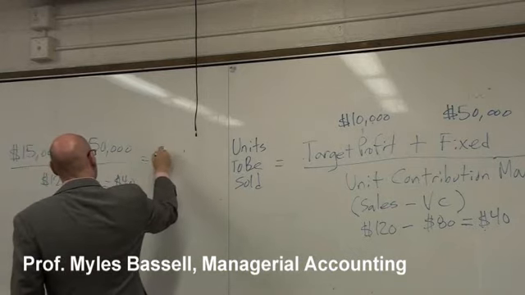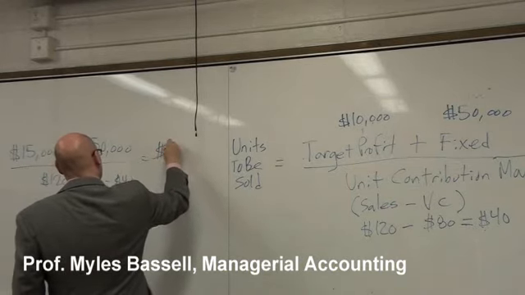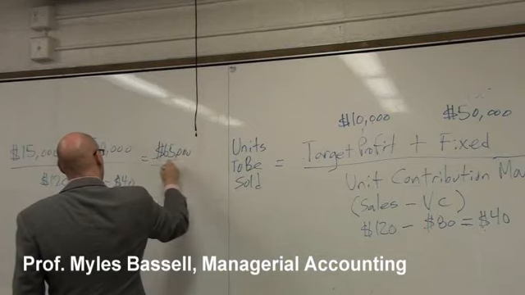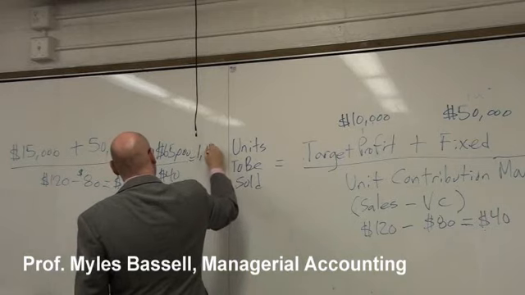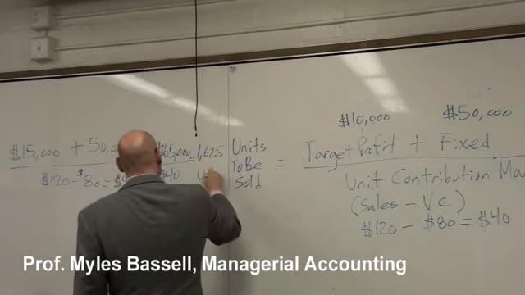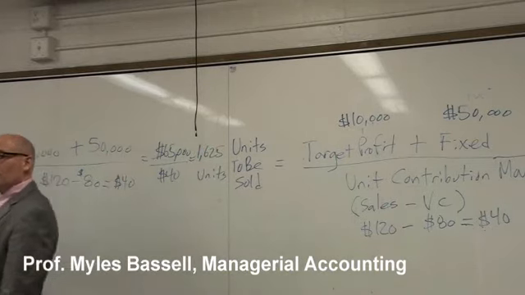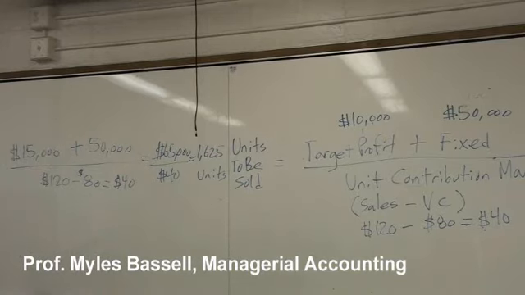So what do we get? 1,625. 65,000 divided by $40 is 1,625 units that we need to sell to make a profit of $15,000.